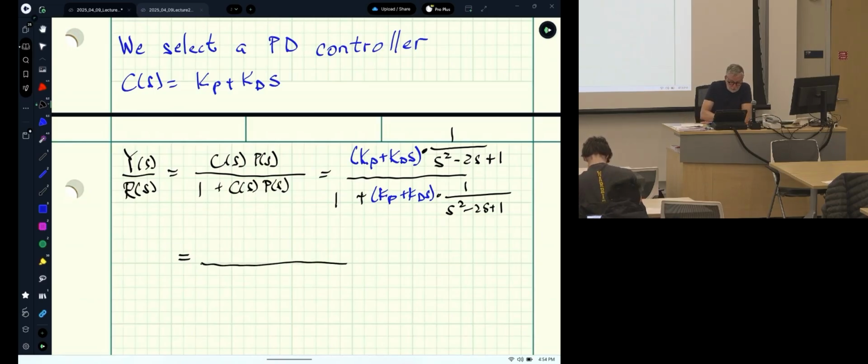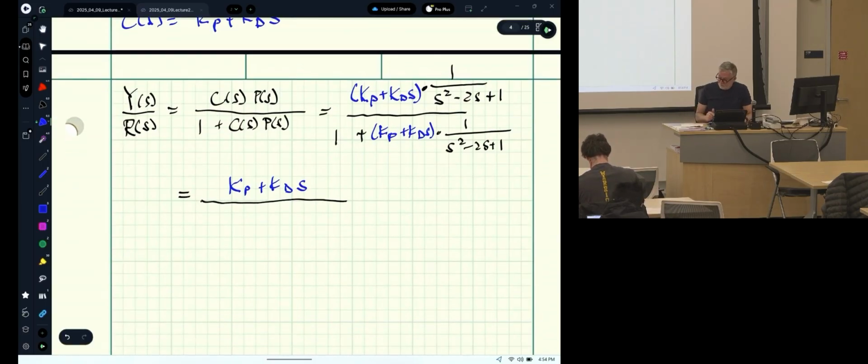Okay, so we're going to multiply numerator and denominator by this term to clear the numerator and denominator, make it simple. And so we get KP plus KD S, because the plant just has 1 there.